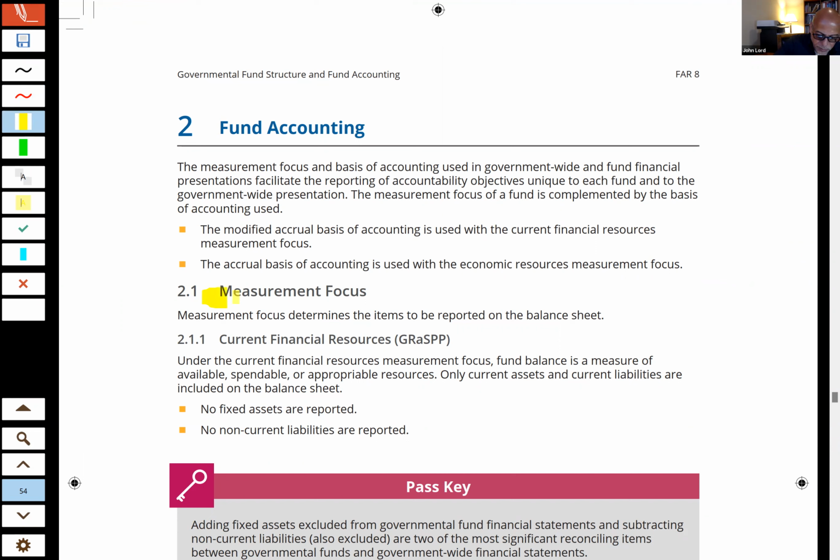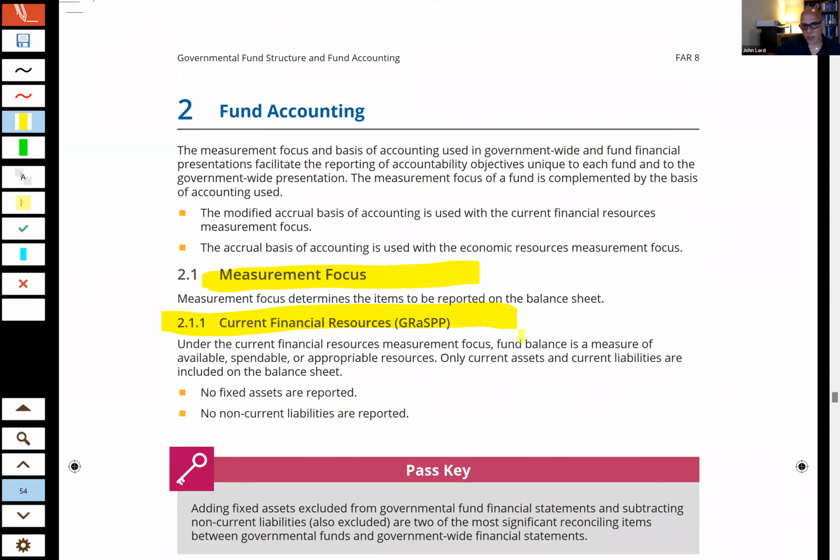And remember, with our current financial resources measurement focus, when we purchase long-term items like an asset, like equipment, we're going to debit expenditure. So that means that there are what? No fixed assets, no long-term liabilities, current items only. Okay, so you can go ahead and flashcard that.